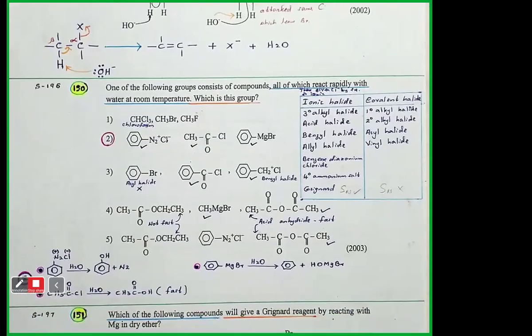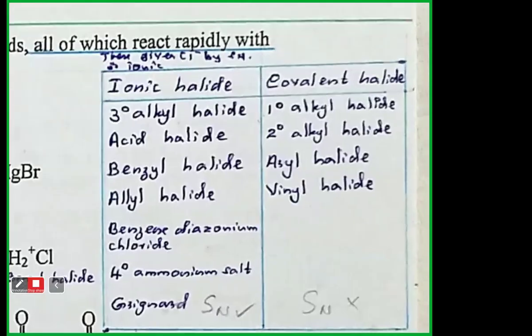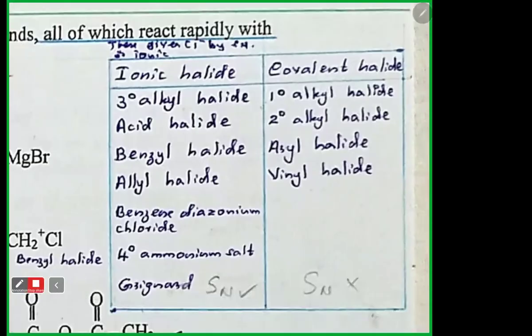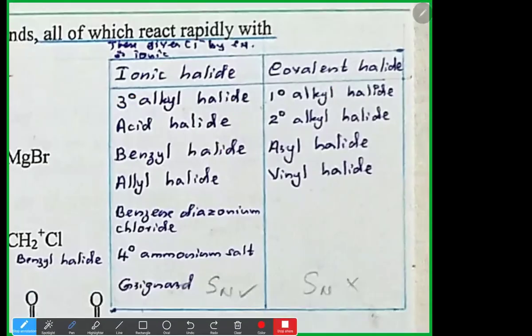150. This is not exactly ionic or covalent halogen. Here I'm just showing whether they have the ability to go through SN or not. If they are going through SN, these halides can release to the medium as ionic halides, so they can participate in whatever the reaction, for example silver nitrate, silver halide.